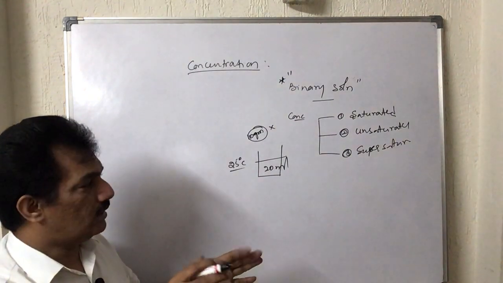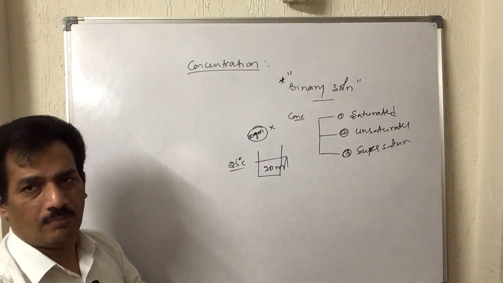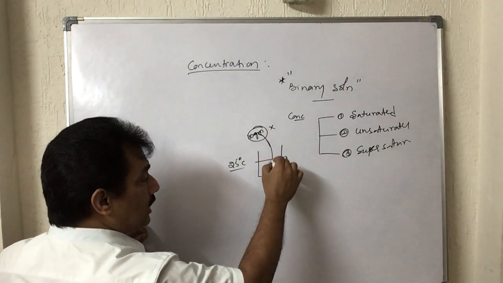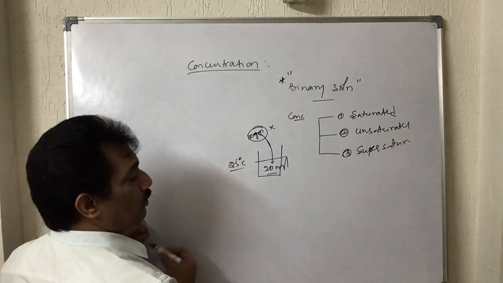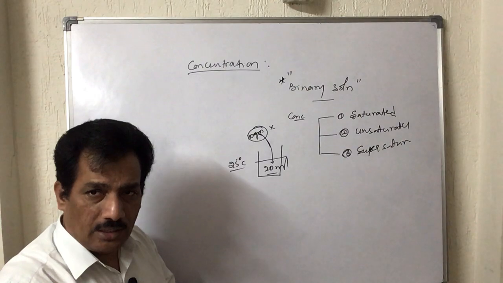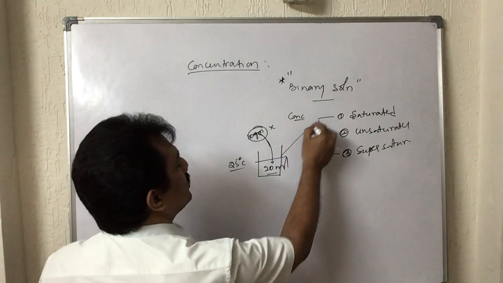That is the maximum quantity that can be dissolved in this 20 ml. Now, if the 10 grams of the substance is completely dissolved in 20 ml, that is, it is dissolved to its maximum extent at a given temperature, then it is known as a saturated solution.